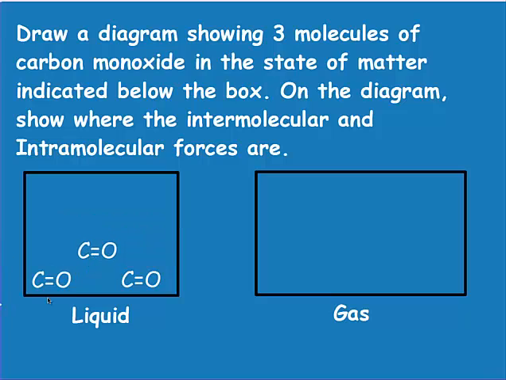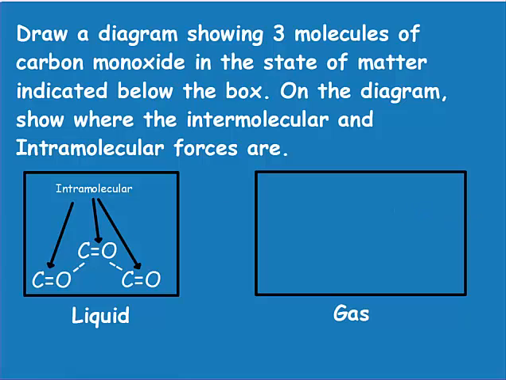And then we would have some attraction between the carbons and oxygen. And then our intermolecular forces. The dashed lines are my intermolecular forces. My intramolecular forces are covalent bonds. This is a polar molecule, so those dashed lines should be representing dipole-dipole forces, carbon being slightly positive, oxygen being slightly negative.